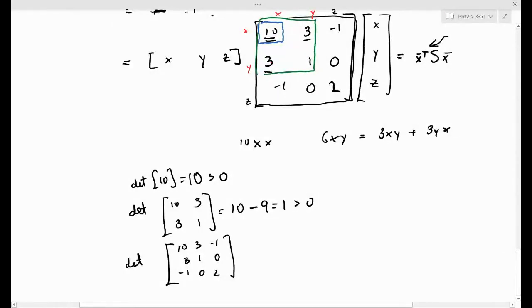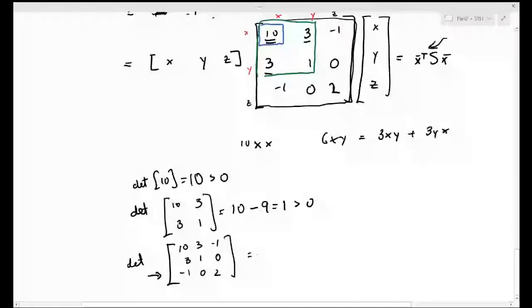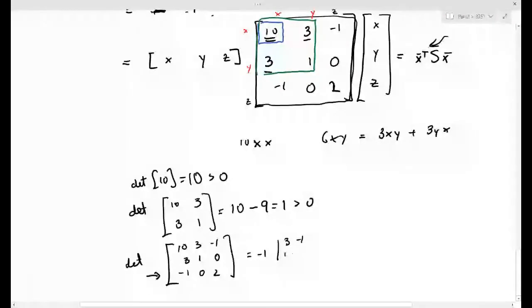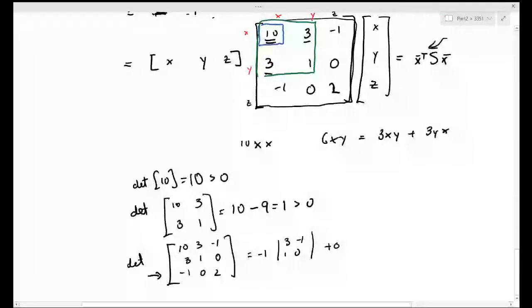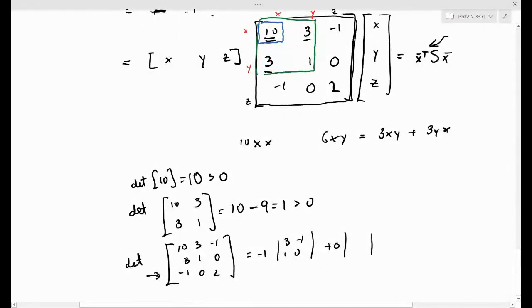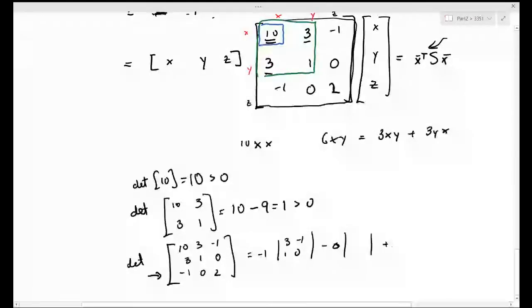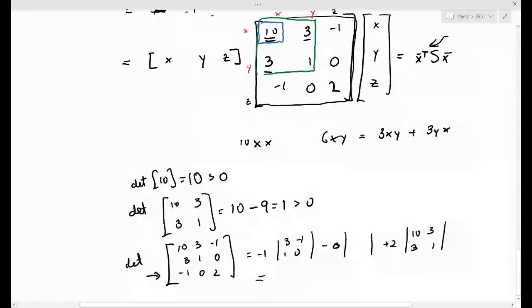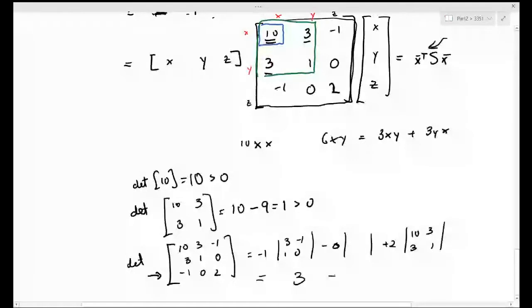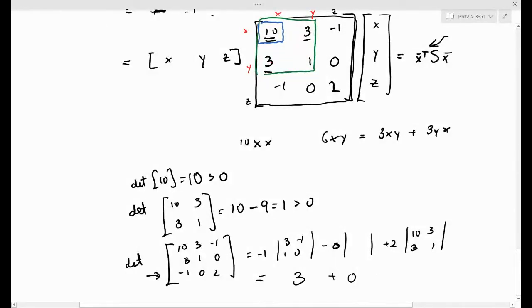So let me, what can I do here? I'll just expand at the bottom row. Times whatever. And okay, so that's going to be 3 plus 0 and then plus 2.